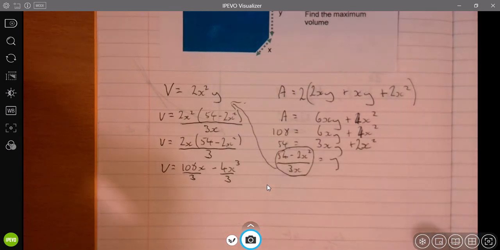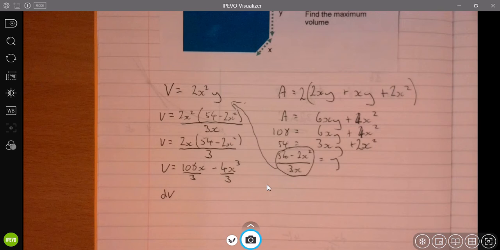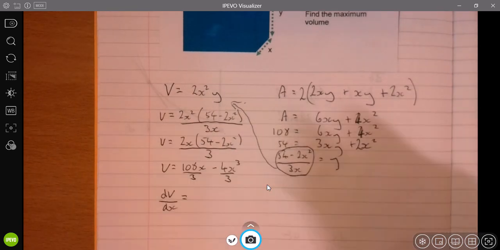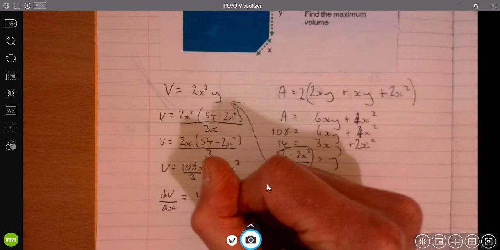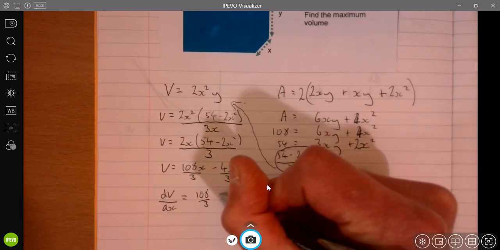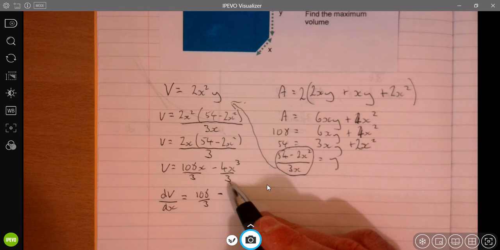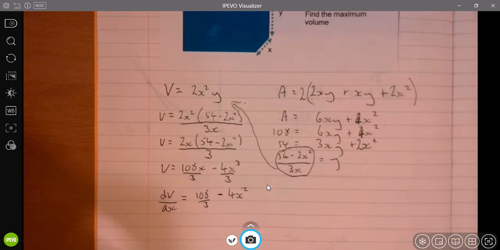Okay, we're trying to find out the maximum volume, so we need to find dV over dx. Looks a little bit complicated, but it's not too bad. So that's just going to be 108 over 3, take away 3 times 4 divided by 3, 4x squared.